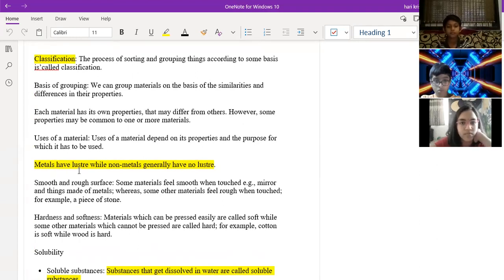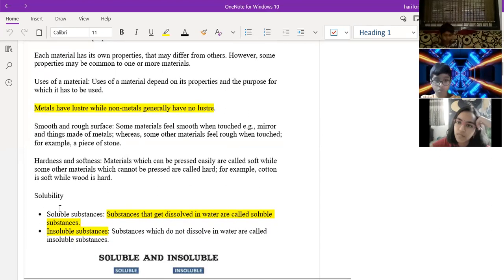You can group materials on the basis of similarities and differences in their properties. If you want to place materials in one group, they should have the same properties or similarity between them, or we place different types of objects in different groups.